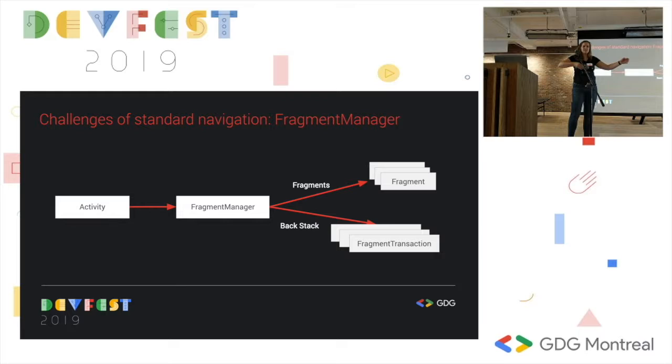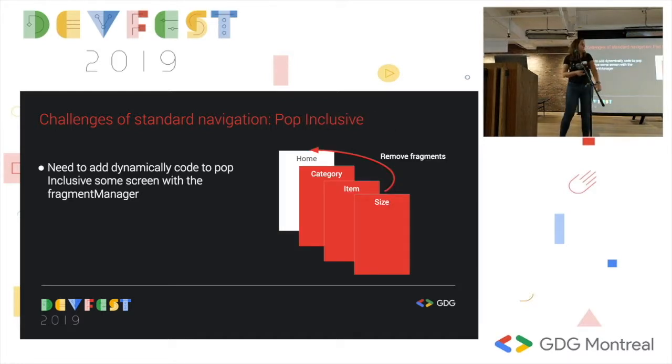But the main reason some people didn't want to use an activity with fragments was because navigation is complex with fragments, and you need to think a lot about the Fragment Manager and handle all those things. There is also the pop inclusive, how to come back and remove all the screens that were earlier at a certain point, which you need to create dynamically in code.